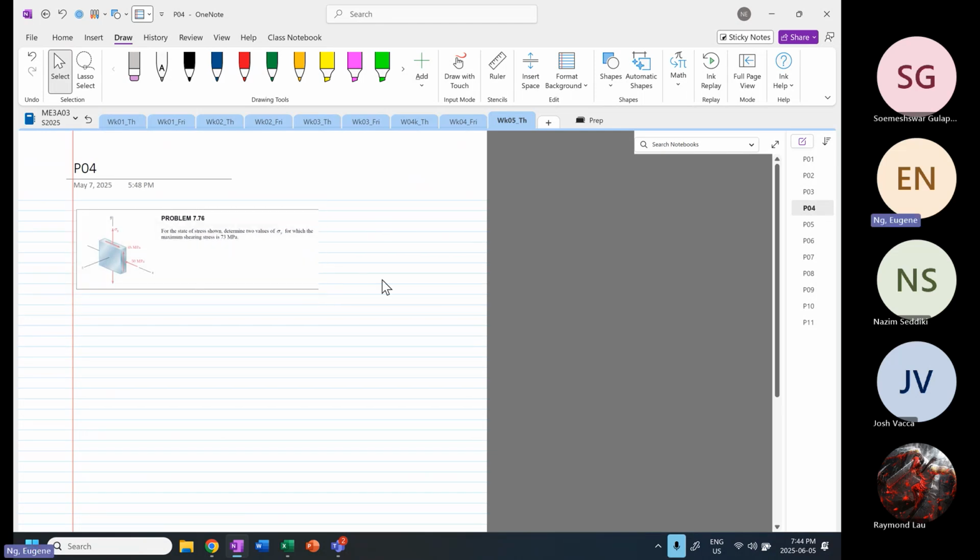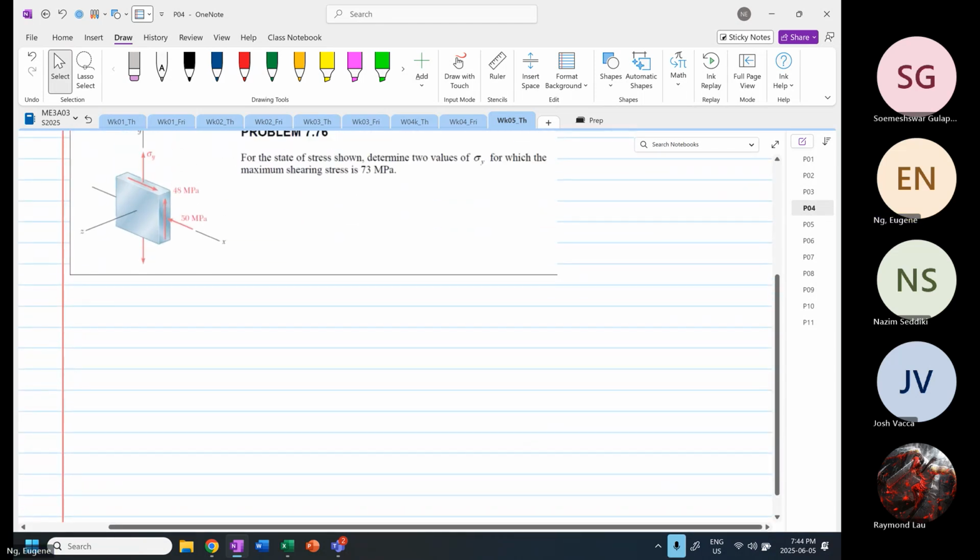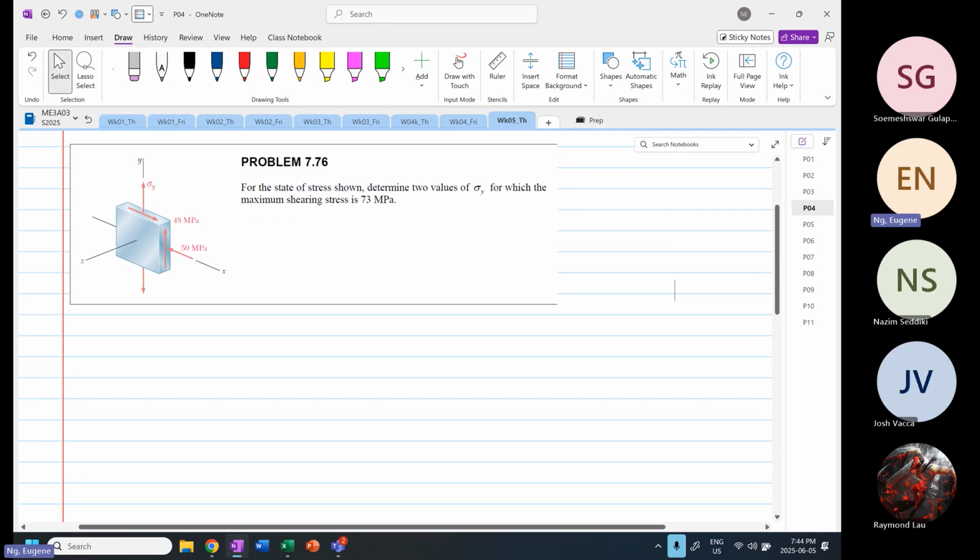You can see from this question: for the state of stress shown, determine the value of stress Y for which the maximum shearing stress is equal to 73 megapascal.